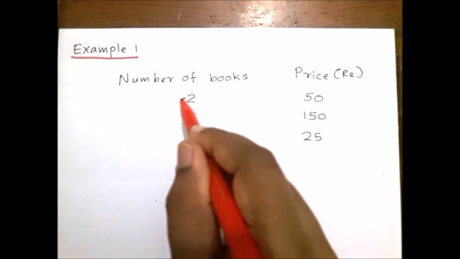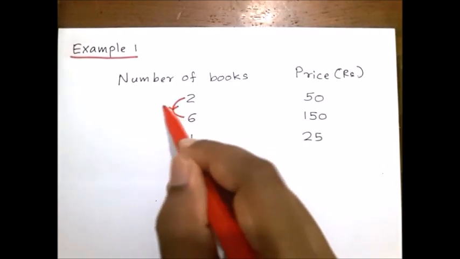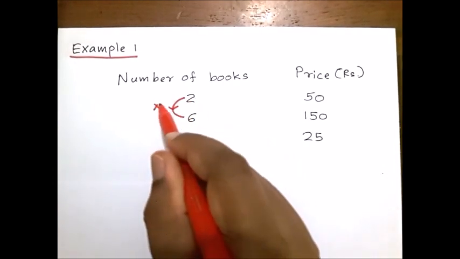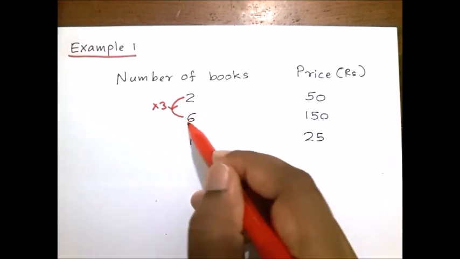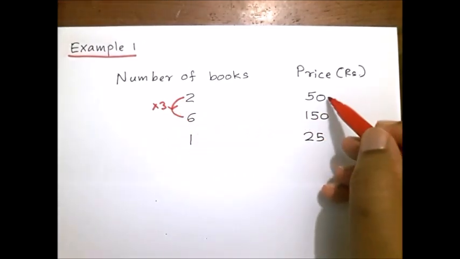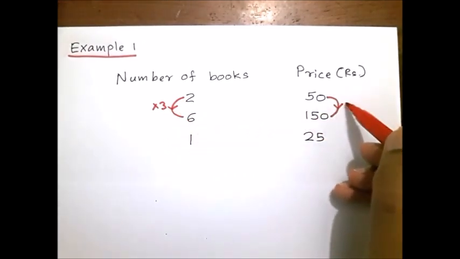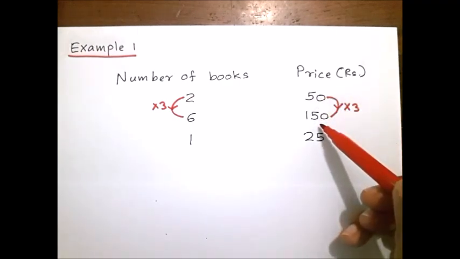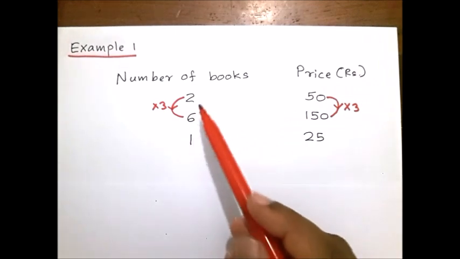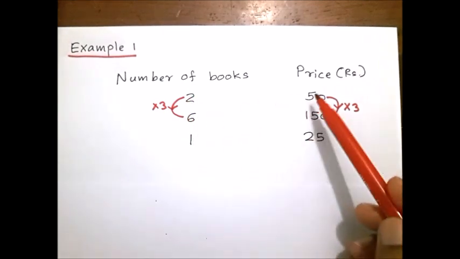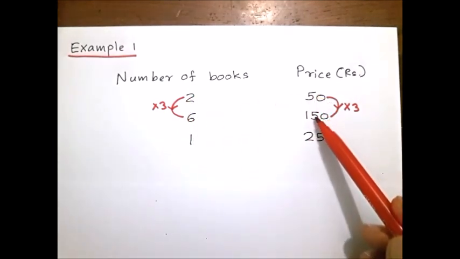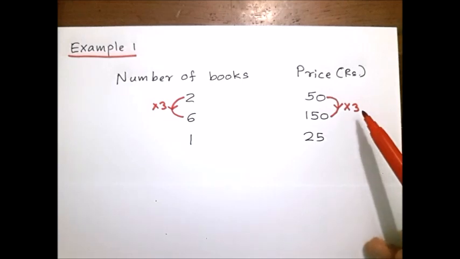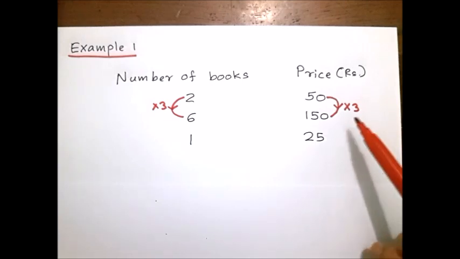Here the number of books becomes 3 times, 2 multiplied by 3, 6. Here the price also becomes 3 times, 50 multiplied by 3, 150. When one quantity increases, the other quantity also increases in the same ratio. The same ratio is 3 here.